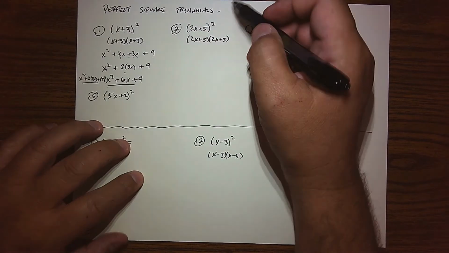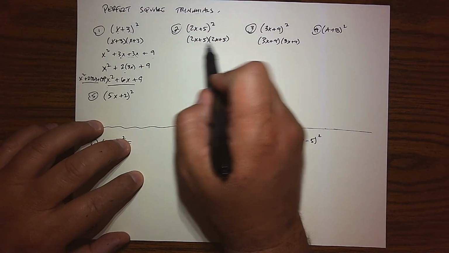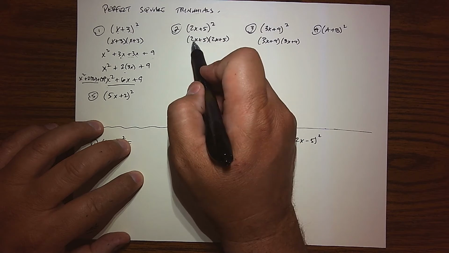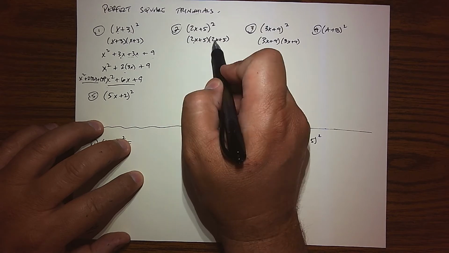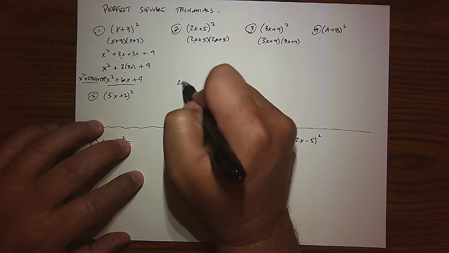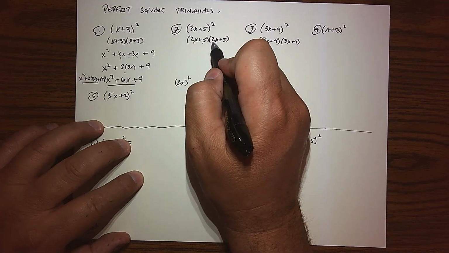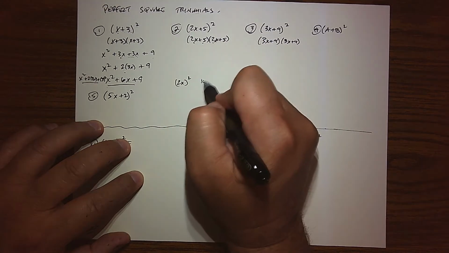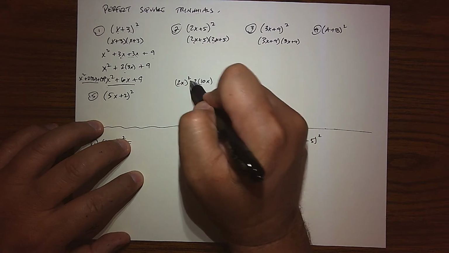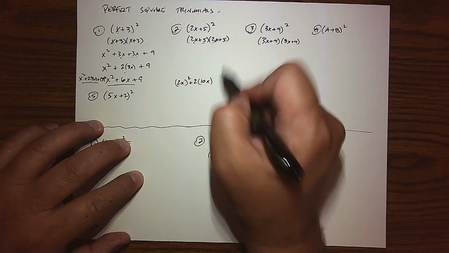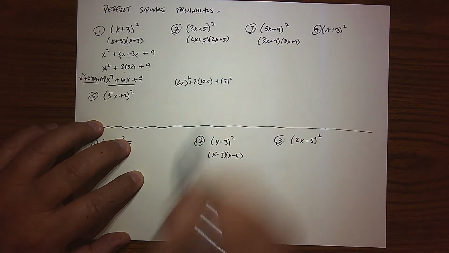So let me go ahead and show you that. If this pattern holds, what I'm expecting is to get the first term squared, so that's 2x squared. And 5 and 2x, the outer and the inner, that basically doubles up. And then 5 times 5 is 5 squared.